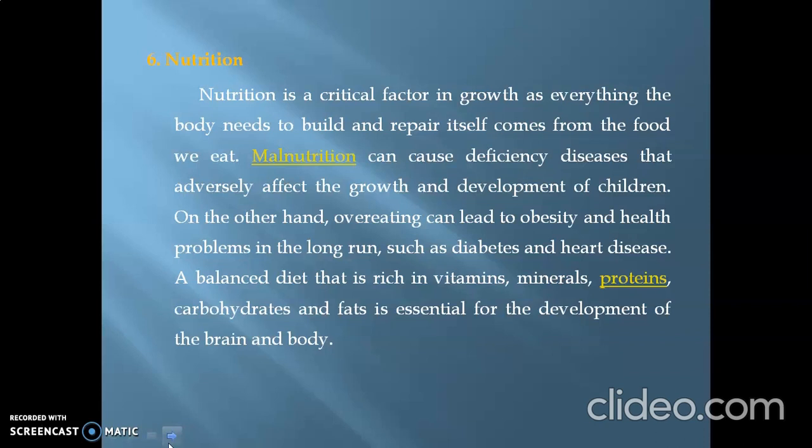On the other hand, overeating can lead to obesity and health problems in the long run, such as diabetes and heart disease. A balanced diet that is rich in vitamins, minerals, proteins, carbohydrates, and fats is essential for the development of the brain and body.